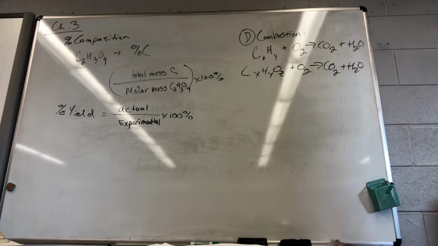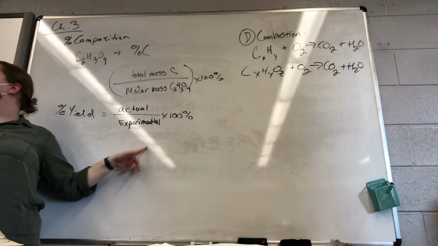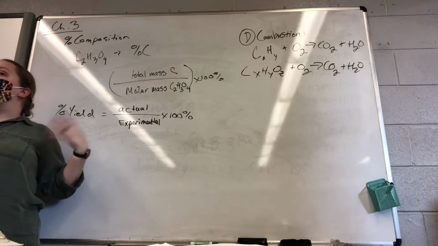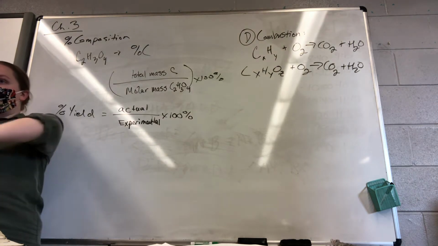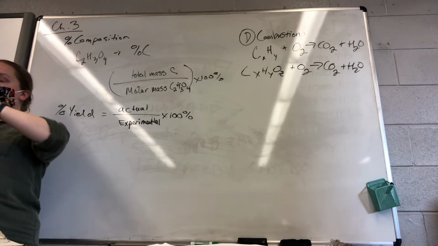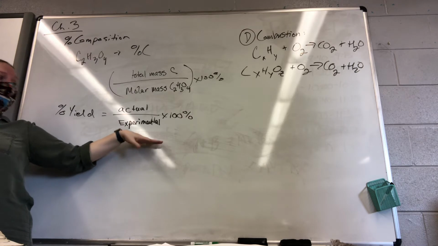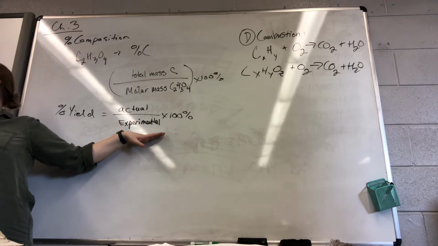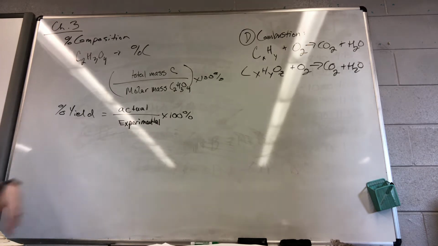How do we find the experimental yield of any chemical reaction? It's a limiting reactant. So in order to find an experimental yield, we have to do a limiting reactant problem. Do we vaguely remember how to do limiting reactants?